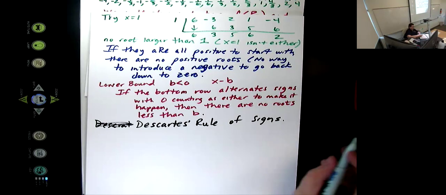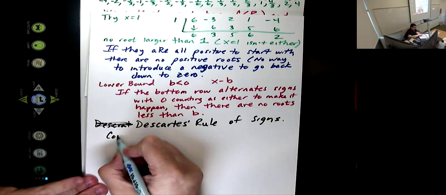All right, so how does it work? Count the sign changes.